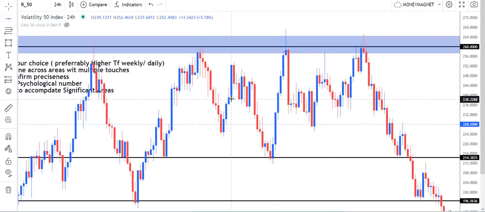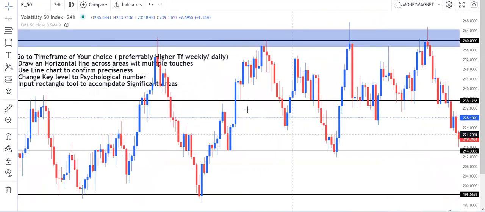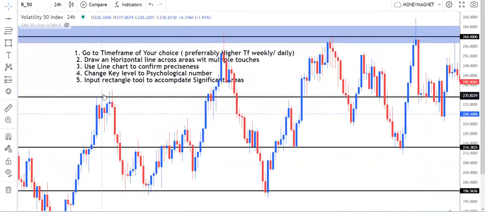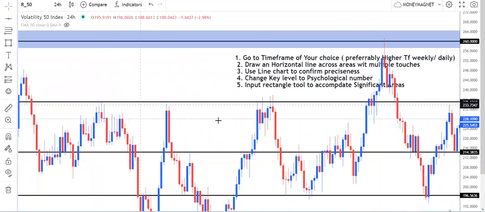And then we would have ourselves, let's see. We have a touch right here. We have a touch right here. We had the level acted as a support and the rejection of the level right here, at this very break and retest of the level. And see this level right here. So that looks like a valid level.